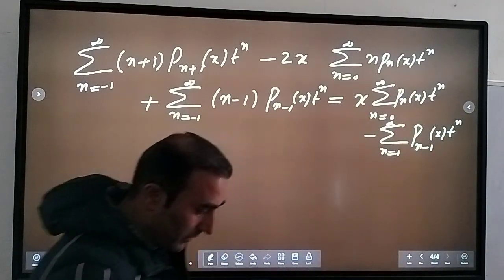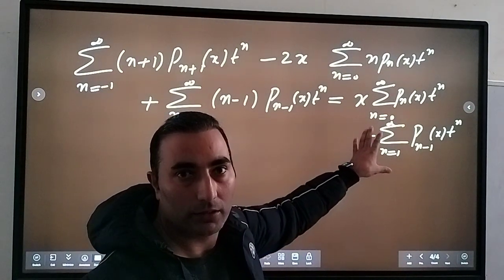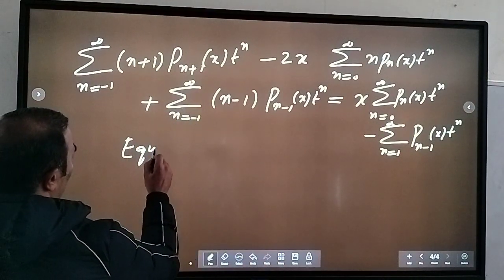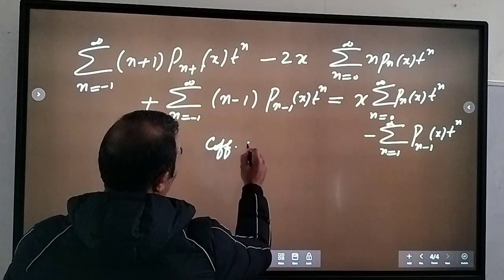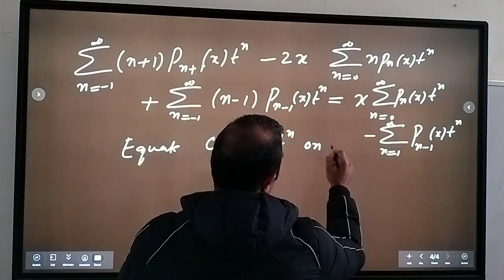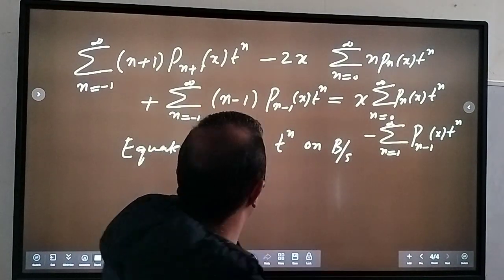Right? Now you can do one thing. You can equate the coefficients of t raised to n. So you write down: equate coefficients of t raised to n. Right? So we need to equate the coefficients of t raised to n on both sides.